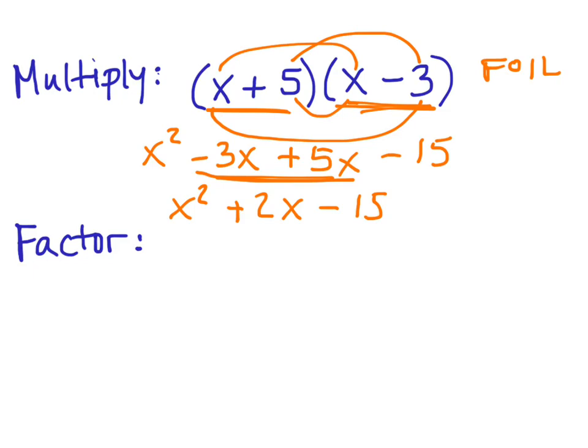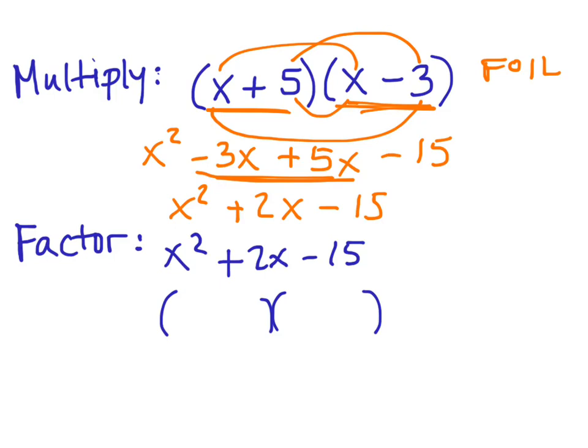Okay, so now for factoring, in this case, the problem and the answer are reversed. So you would be given something like x squared plus 2x minus 15, and your goal is to work backwards and find those two algebraic expressions which were multiplied together to give you x squared plus 2x minus 15.